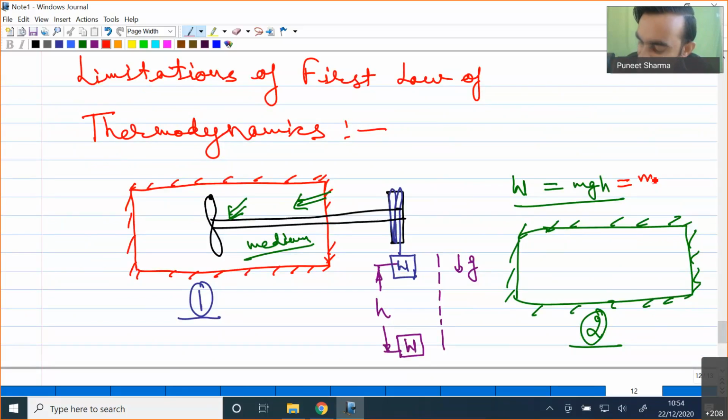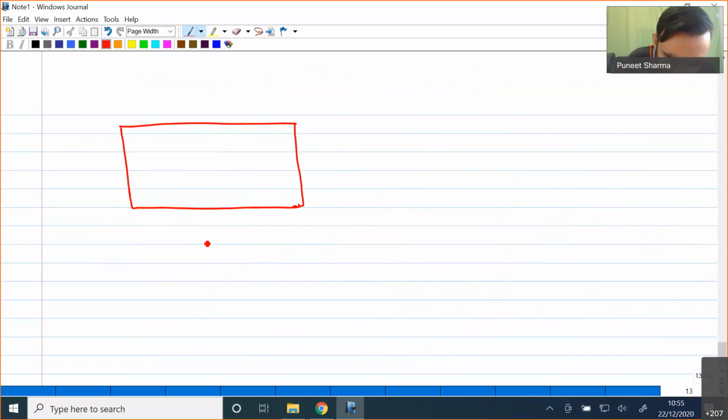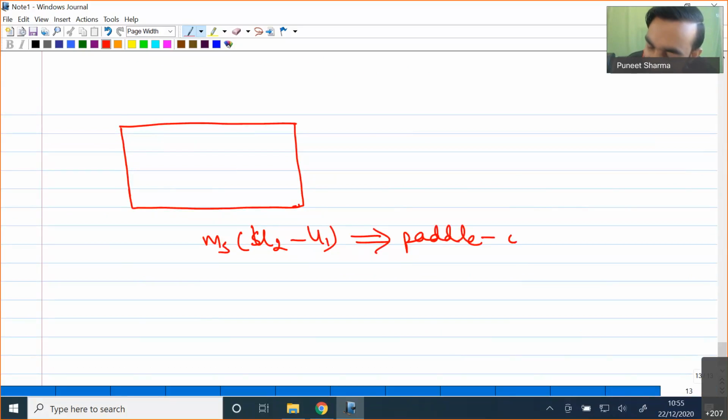So as per the first law, if I supply ms times (u2 minus u1) amount of energy to my paddle wheel, this should raise our weight through height h.